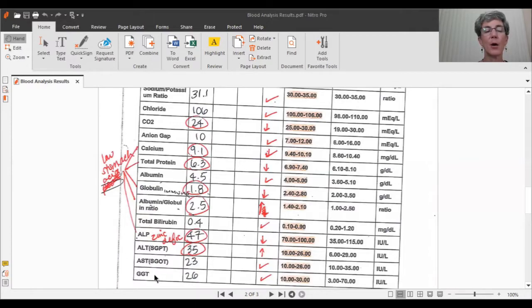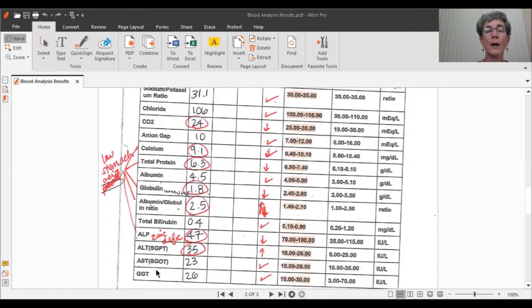Alcohol in particular will raise the GGT, but the AST and the ALT will get elevated if you're on cholesterol medications, or if you've got a fatty liver going on. So there's various things.